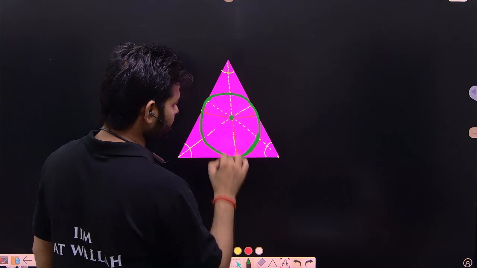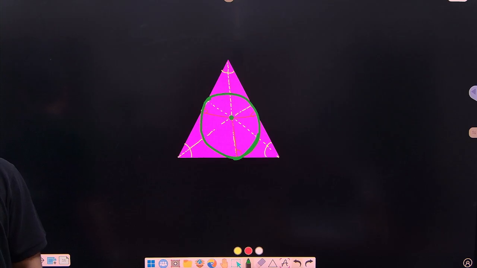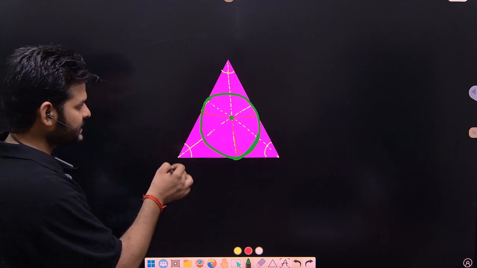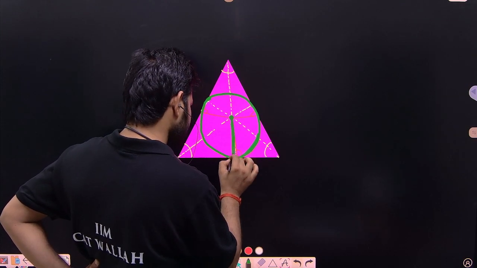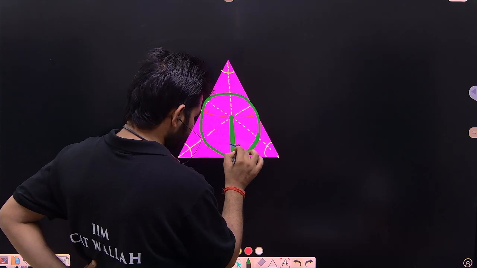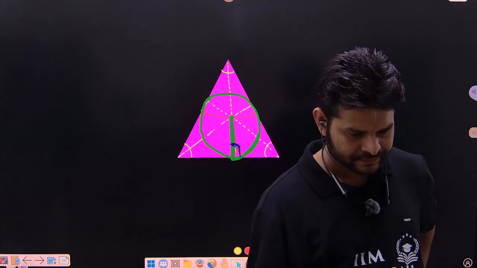This center of the circle is called the incenter. The circle which is drawn inside the triangle is called the incircle, and the center of this incircle is called the incenter. So basically, this circle is called the incircle, and this distance which is making a perpendicular is called the incircle radius.